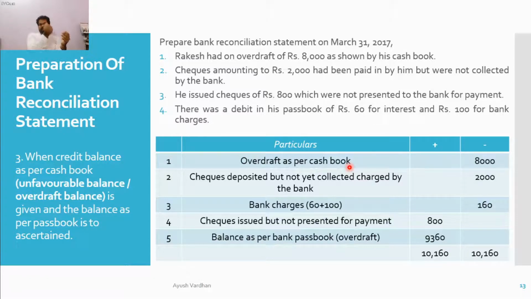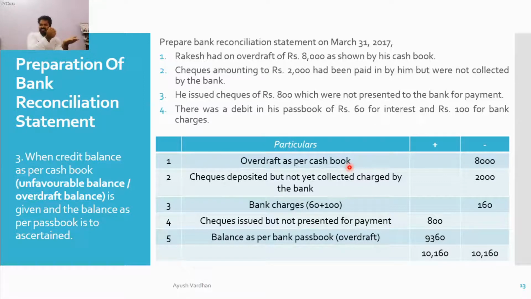So Mr. Rakesh has made that 2,000 rupees entry in the cash book, and the cash book goes positive 2,000 rupees.